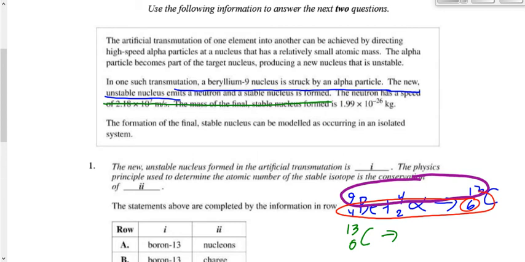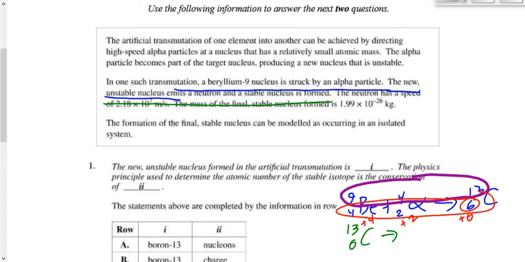But strictly speaking, we shouldn't say by rights that we're balancing protons here, because sometimes a proton will change into a neutron and a positron, or a neutron will change into a proton and an electron. So we're not really balancing protons per se, but rather we're balancing what? Charge. This nucleus has a charge of plus 4. This has a charge of plus 2. We got to balance the charge so that this has a charge of plus 6 on the right-hand side.